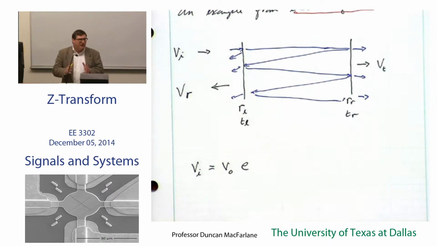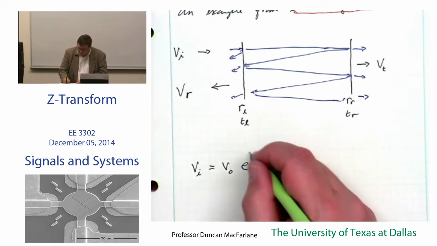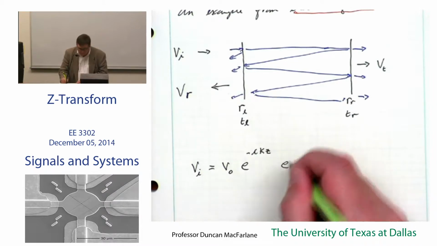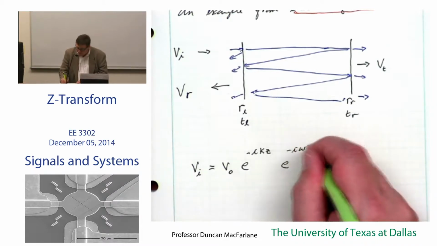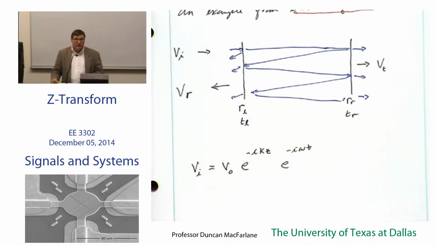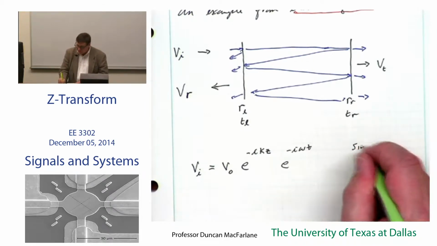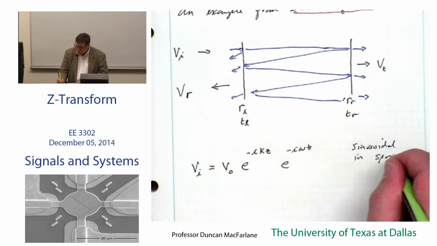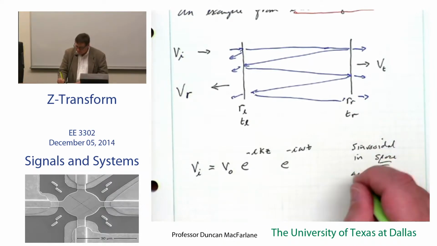So there's actually a little bit more complicated behavior of these signals in these problems because I have to worry about an e to the ikz and an e to the minus i omega t. So this signal is actually sinusoidal in space as well as time.